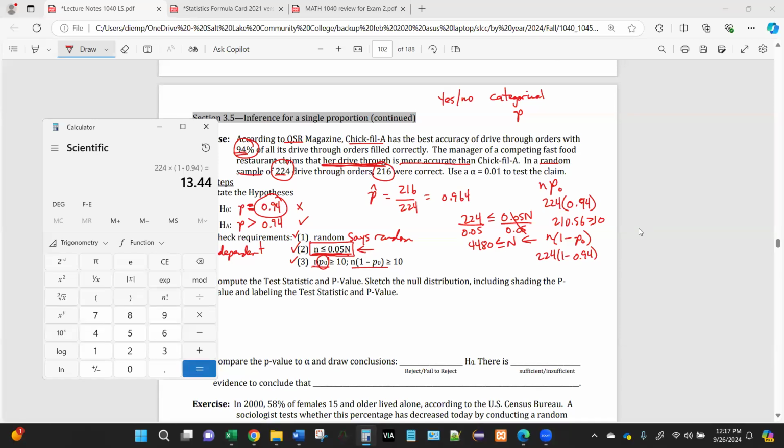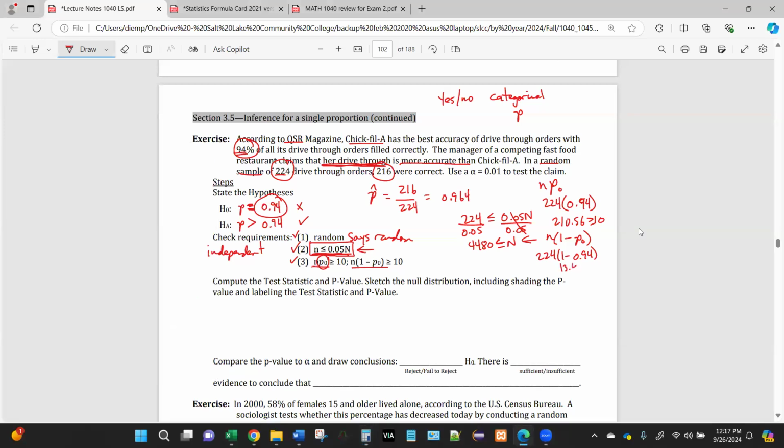That's 13.44. So if the null is true, we're expecting about 13 of the orders to be inaccurate out of the 224. Both of those numbers are at least 10, so we're solid there. In other words, the normal distribution will work, so we can use it.